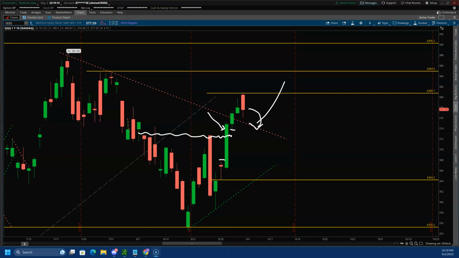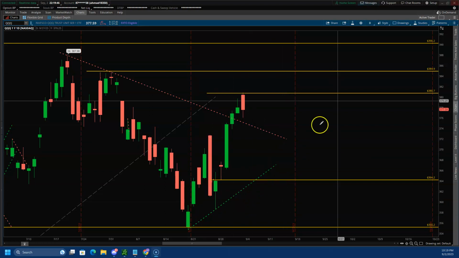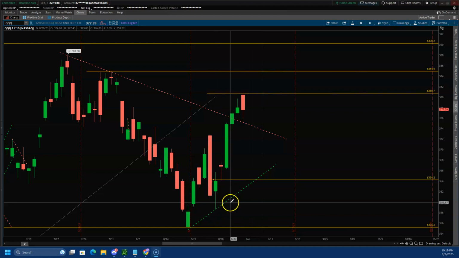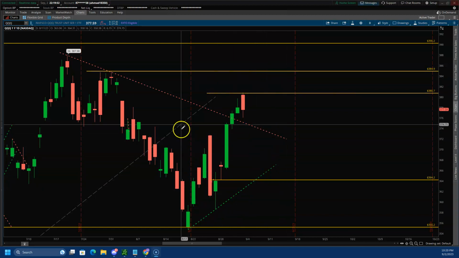This is the one before that. So this whole area is sort of a big fair value gap, from the ICT concept, an area where the price can come and then bounce from there. So this uptrend line can also be a support, but again, that's if the price gets there. Right now, as long as we're above 375, I think structure remains okay.